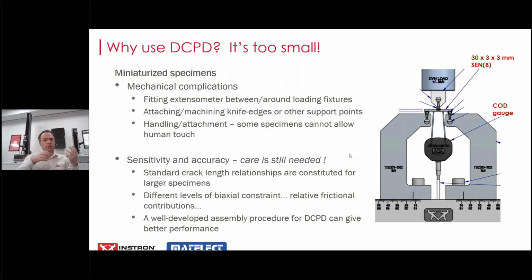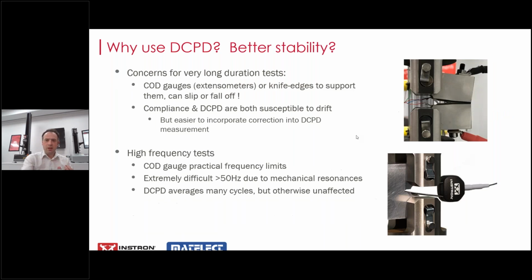But the point is that if we look at tiny specimens, a well-developed procedure for using an EPD technique really can give better performance. And the slightly greater inconveniences are certainly outweighed by the benefits of more reliable measurement.